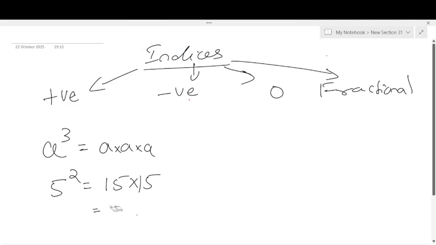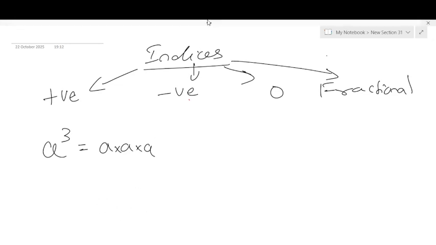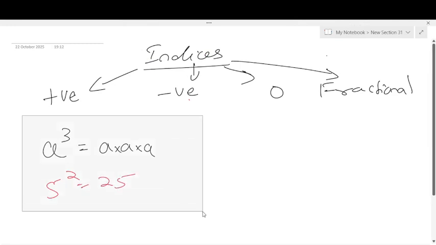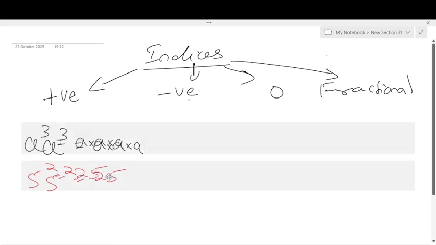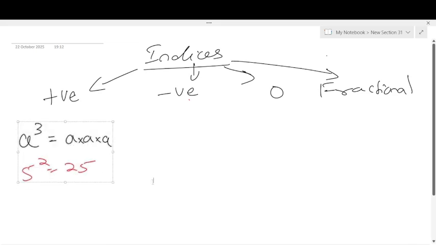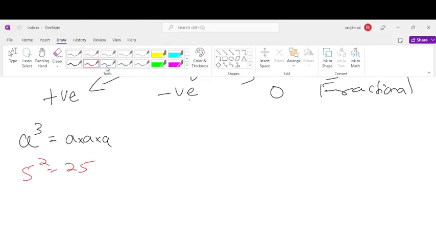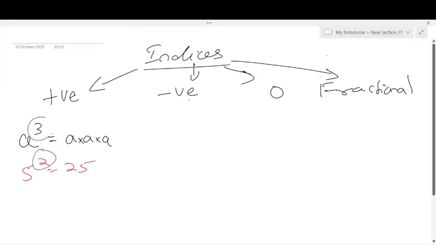What is 5 square? 5 square is 25. This is known as positive. Are the indices positive or negative? Both indices are positive.